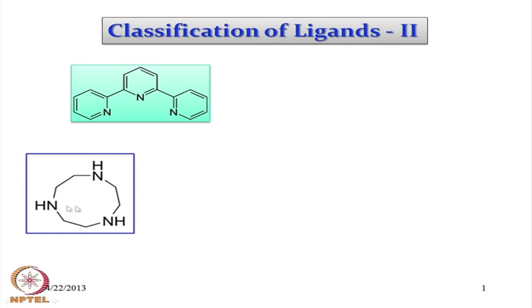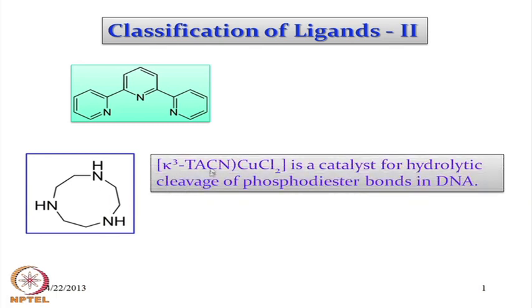So, binding to any metal center can provide us 3 metal-nitrogen bonds, the first bond with this nitrogen, the second with this nitrogen, and the third with this nitrogen. If we make the copper TACN compound from copper chloride, it is well known as a catalyst for hydrolytic cleavage of phosphodiester bonds of DNA. So, it has some biochemical reactivity for esterase activity.